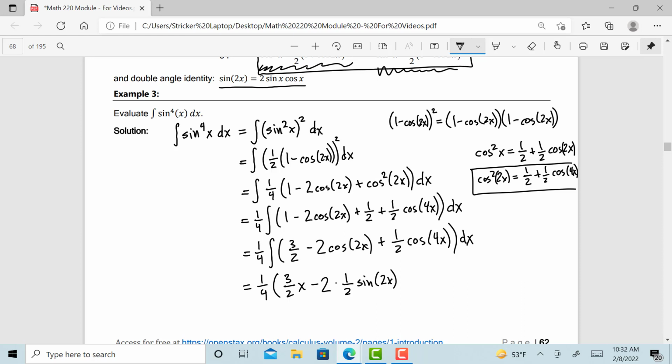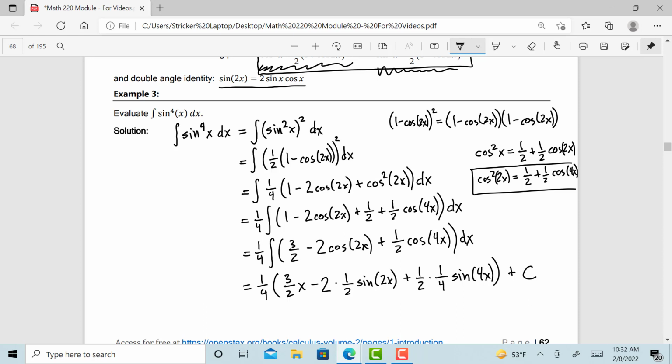Again, that 1/2 is from our mental U substitution. And then we have plus 1/2 times a factor of 1/4 times the sine of 4x. And again, that 1/4 comes from our mental U substitution, and then we have plus c.